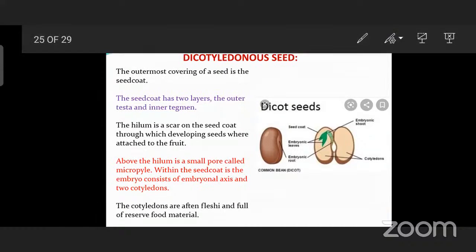See here, this is a dicotyledon seed. The outermost covering of a seed is called the seed coat.